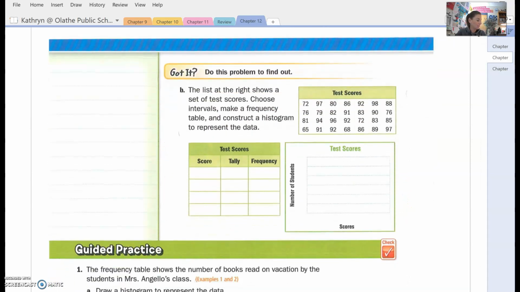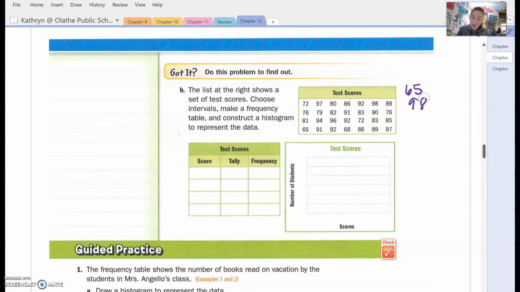All right, taking a look at the next page. It says a list of test scores is shown to the right. Choose intervals and make a frequency table. Construct a histogram to represent the data. So let's first find the lowest number. The lowest number on this one appears to be in the 60s. It looks like 65. So our lowest is 65, and our highest is, I'm getting 98.